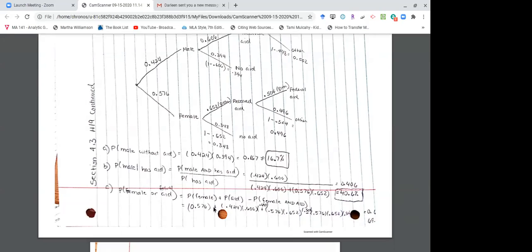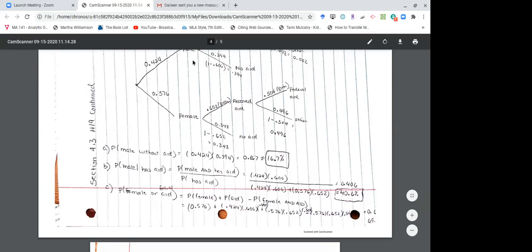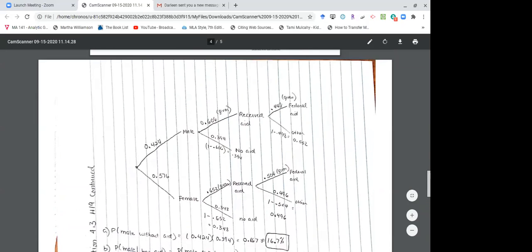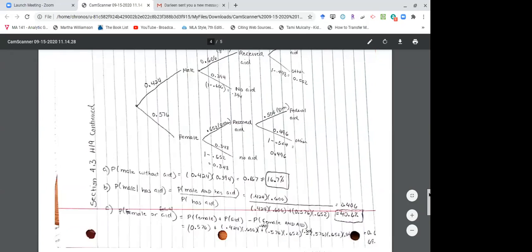So here I have to multiply by, to get female, that's not hard, that's 0.576. Here we're looking for federal aid. So 0.424, that's the males. 0.606 means they have aid. And if you look carefully, I have another set of branches, federal 0.448.